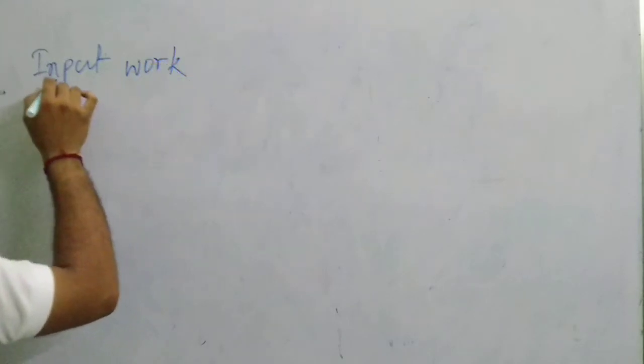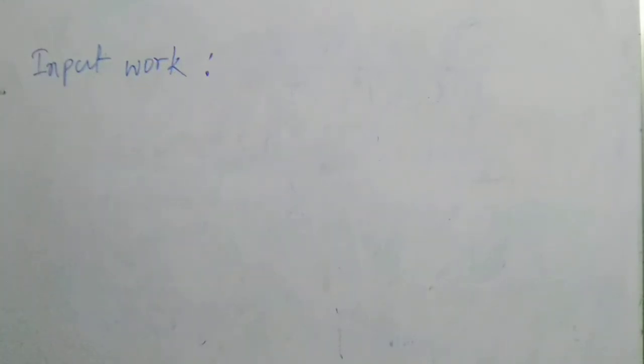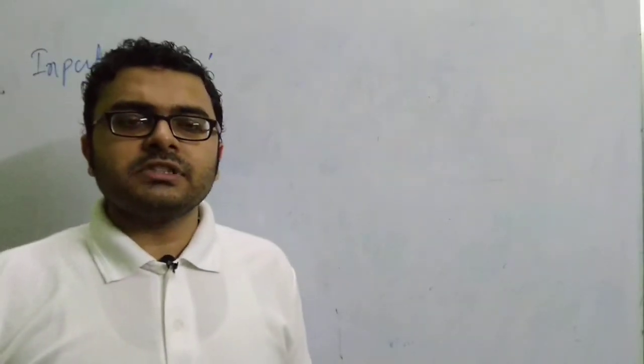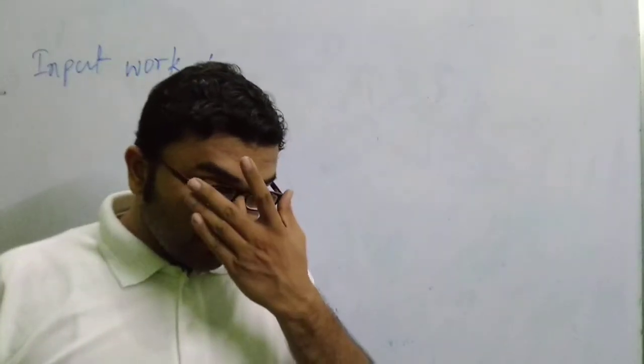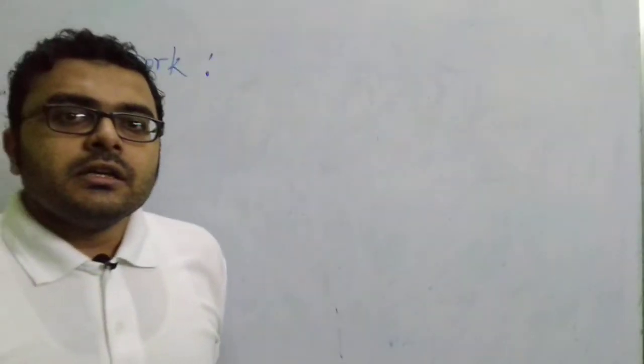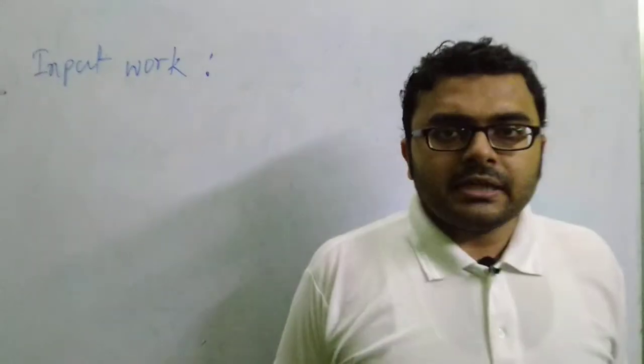See, input work you can define like this: the point where the effort is applied on a machine can be regarded as the effort point, isn't it? So when a force, that is effort, is applied at the effort point, then the effort point will have a certain displacement, isn't it? And we know that when force is applied at a certain point and that point gets displaced, then we say work has been done.